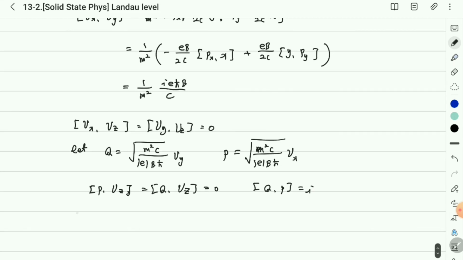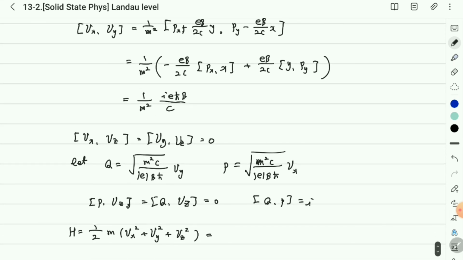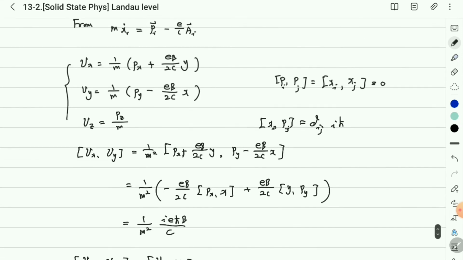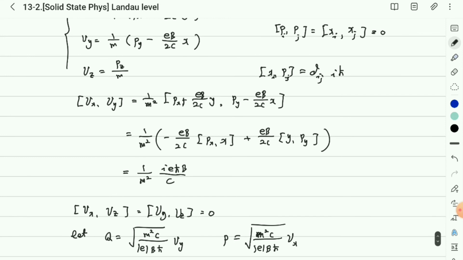Therefore, the Hamiltonian is 1/2 m (Vx squared plus Vy squared plus Vz squared).